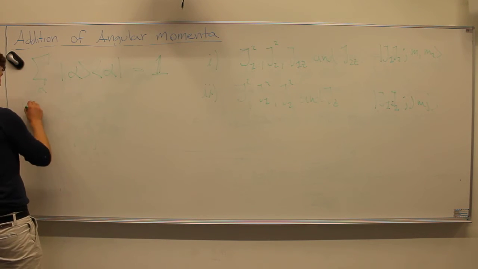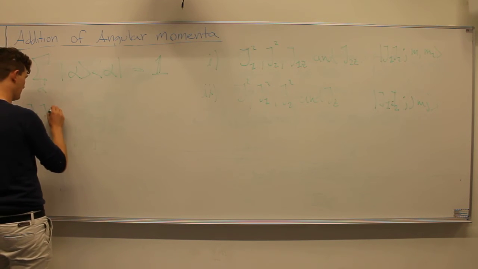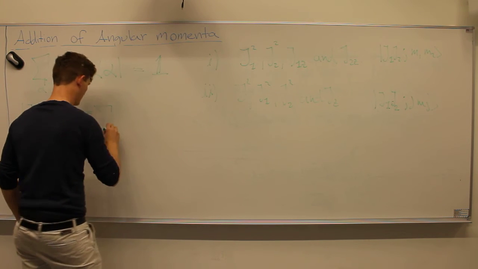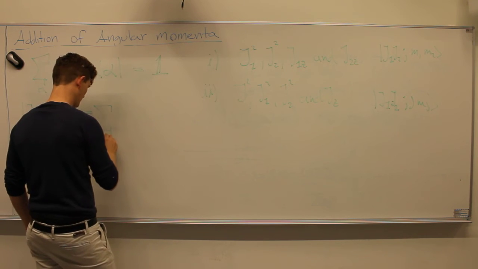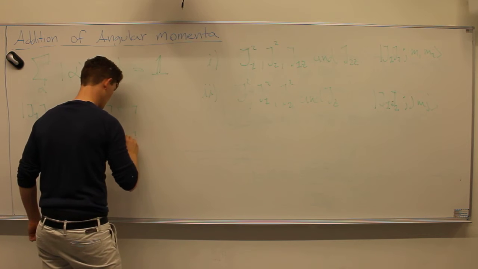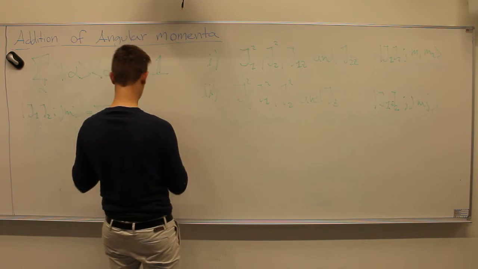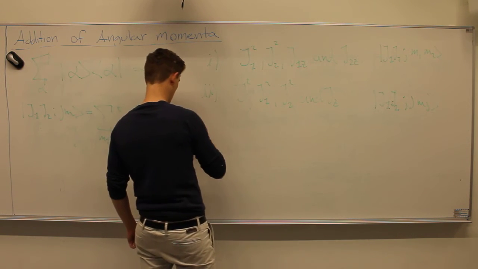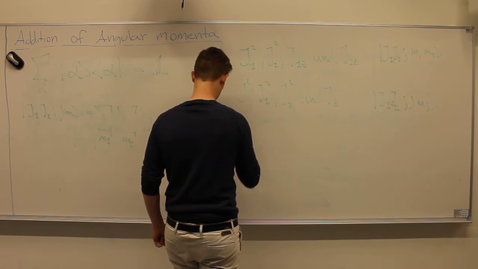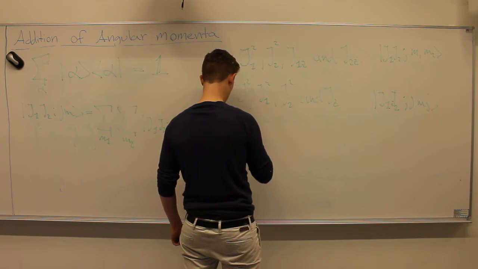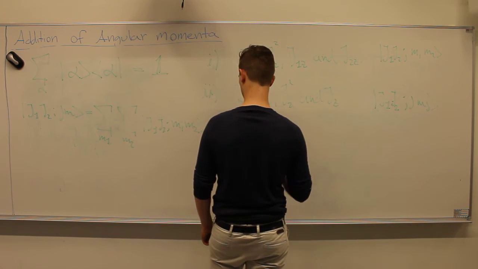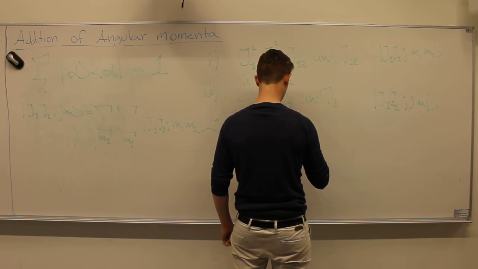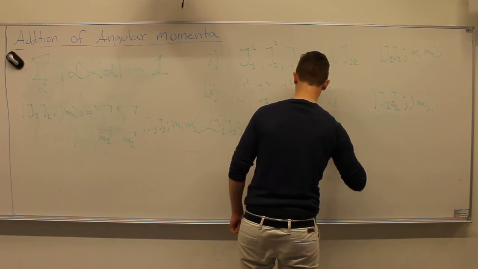So we can write the state in the JM basis as an expansion by the projection operator identity. So then it will be the sum over M1 and M2, and then the projection, that will be |J1, J2, M1, M2> and the same bra <J1, J2, M1, M2|, and then the original state |J1, J2, J, M>.